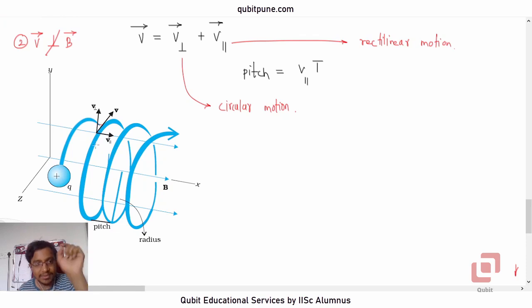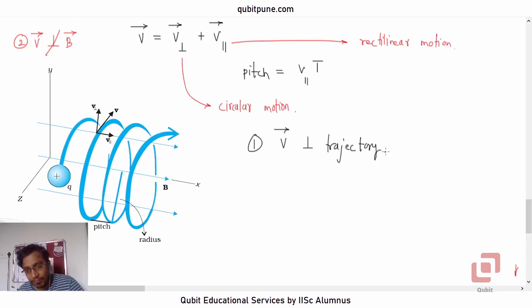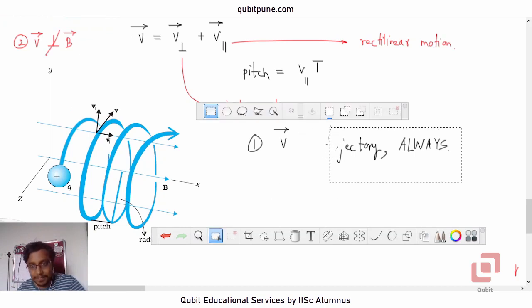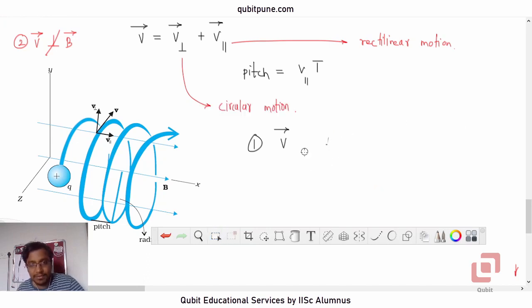Point one: velocity is always perpendicular to... oh, sorry, tangential. It is always tangential to the trajectory. Velocity is always along the tangent.